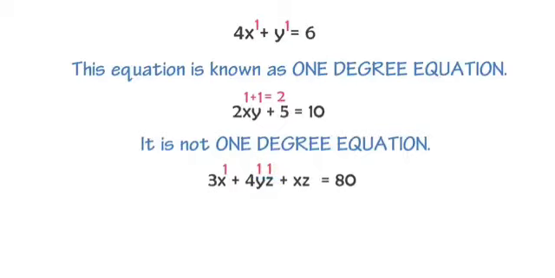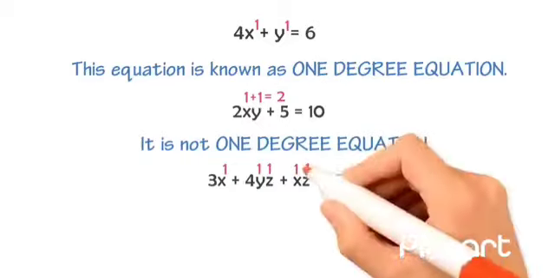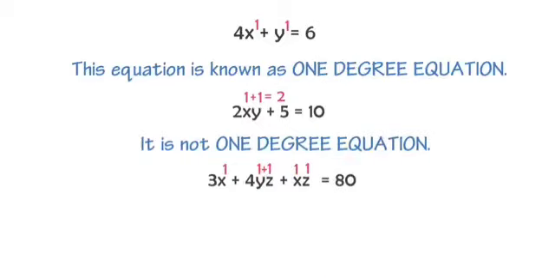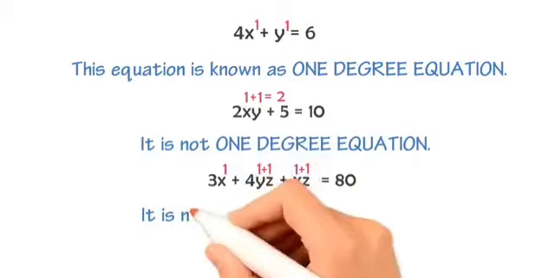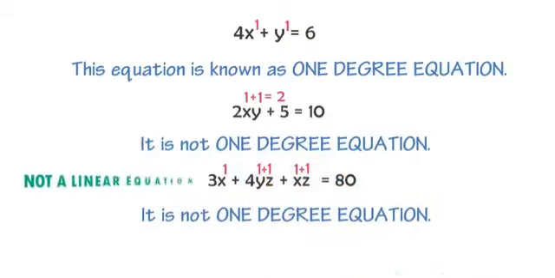The power of third term x is 1 and the power of z is also 1. Hence 1 plus 1 is equal to 2. Thus the power of third term is also 2. So we can say that the highest power of this equation is 2. Hence it is neither one degree equation nor linear equation.